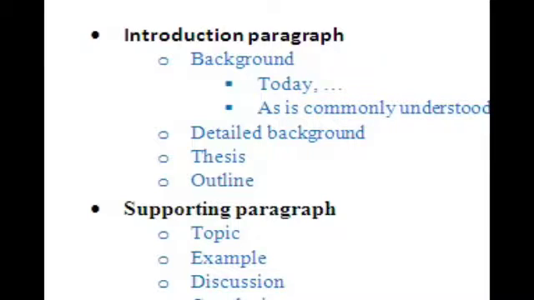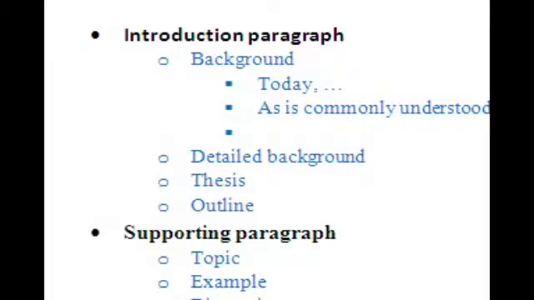So if your essay question is asking about a certain topic, you might start with, well, as it is commonly understood, and then proceed to talk about that topic in general terms. Another you might want to start with is "it is common today," and then just go from there. So these are three different ways you can start your background sentence.